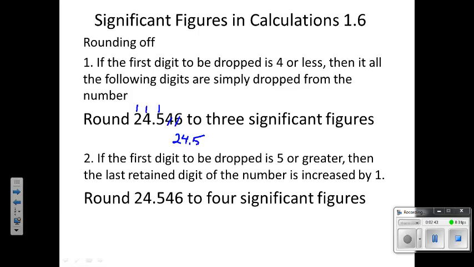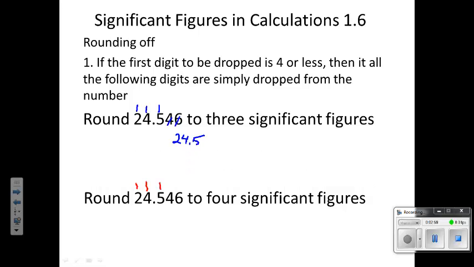If the first digit to be dropped is 5 or greater, then the last remaining retained digit of the number is increased by 1. So if I'm going to round 24.546 to 4 significant figures, 2, 4, 5, 4 are significant, and 6 is going to be dropped, but if I'm going to round it correctly, I have to increase 4 by 1, so it's 24.55.